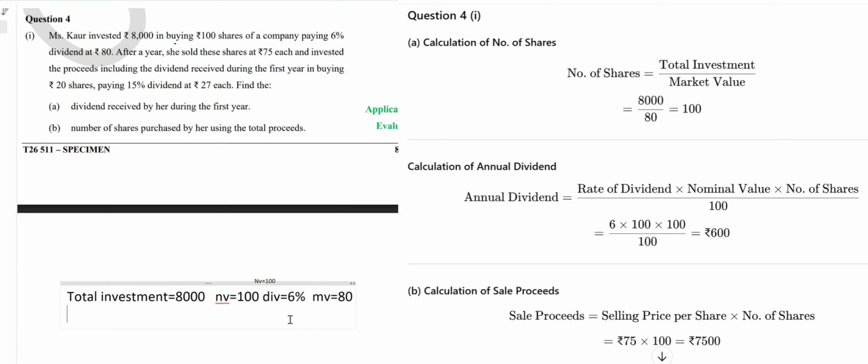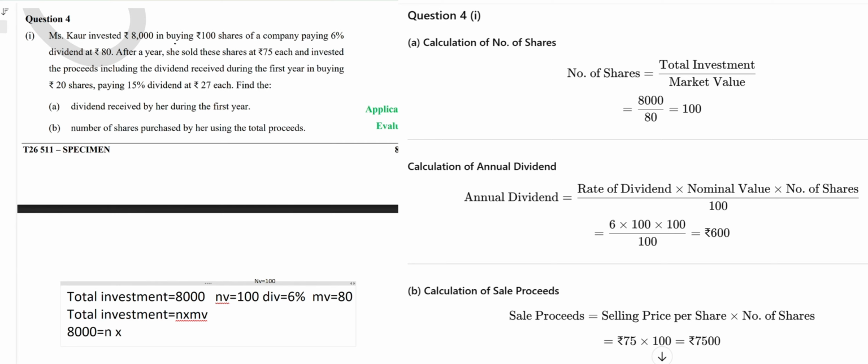How can you find the number of shares? Total investment is given, 8,000. The formula is: total investment is the number of shares, let it be N, into MB. Total investment 8,000 equal to N into MB.